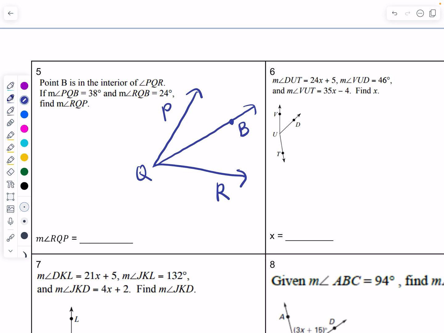It says, what if PQB is 38 degrees? So we've got to put that where it goes in the diagram. And RQB is 24. So let's put that where it goes in the diagram. It wants to know what is angle RQP. So what is this big yellow angle? What is that big amount? If this blue amount is 38 and this pink amount is 24. Well, this is like what we did before.